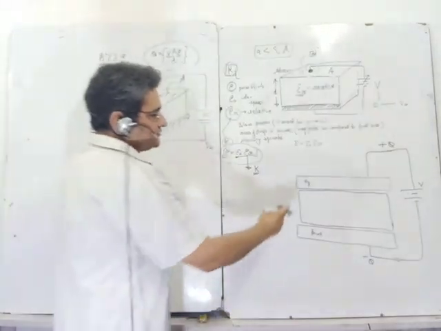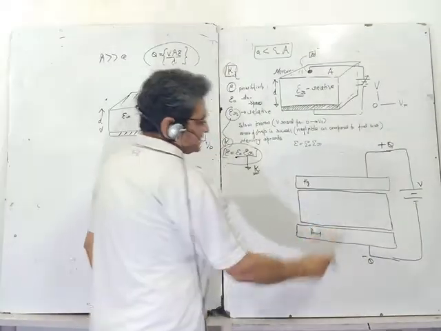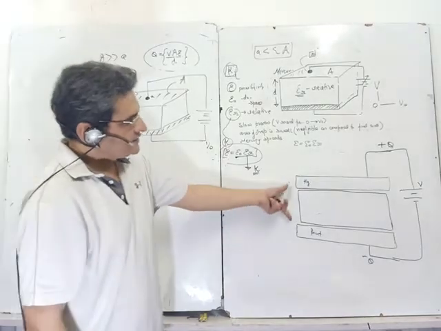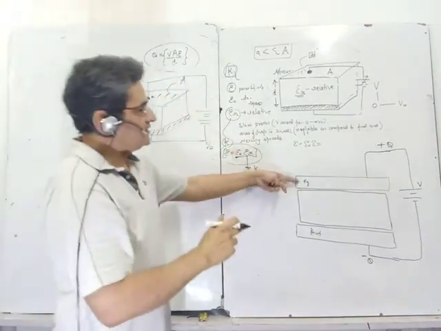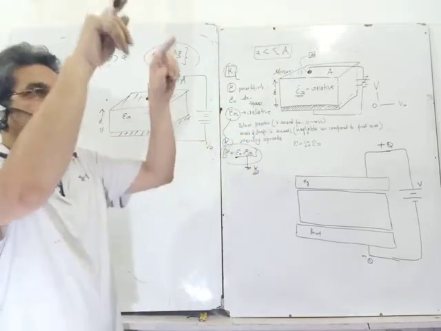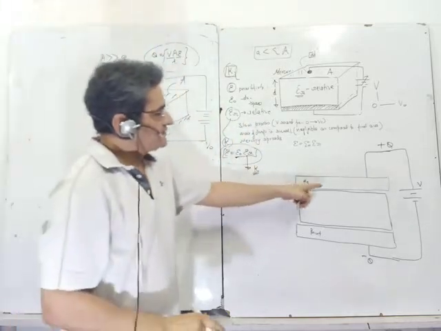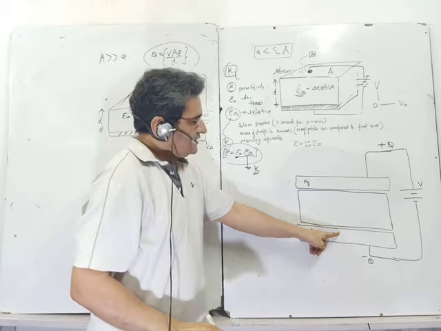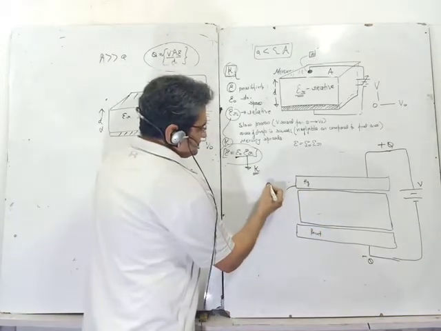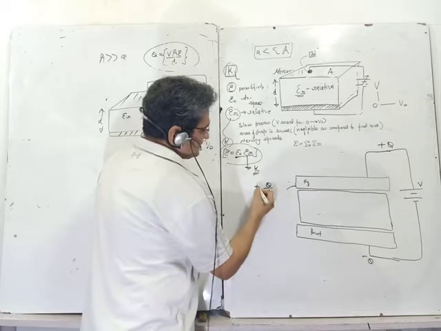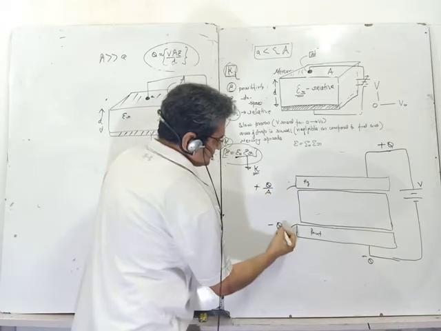The whole charge goes to this side of the plate and this side of the plate in the conductor because of the attraction. Otherwise it would have spread equally had the plate been isolated. But here it gets concentrated on this surface and this surface. So the charge density on this surface is plus Q upon A, and here it is minus Q upon A.